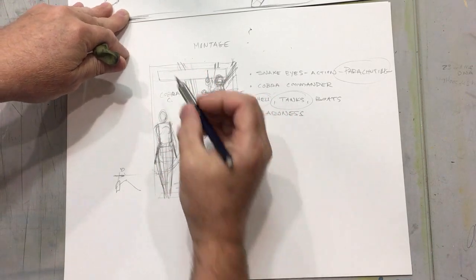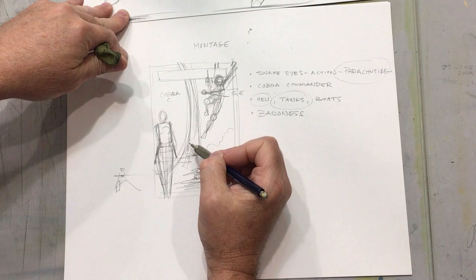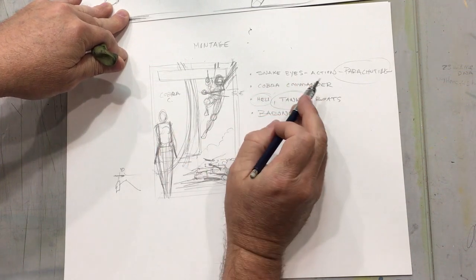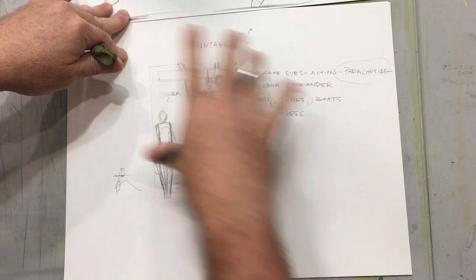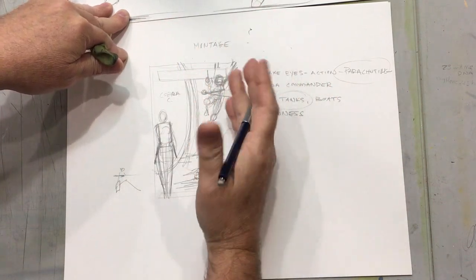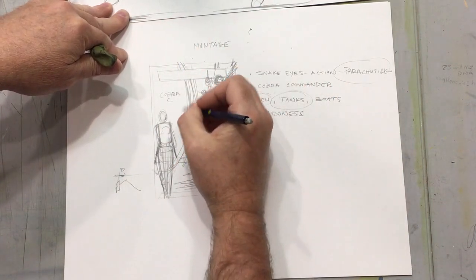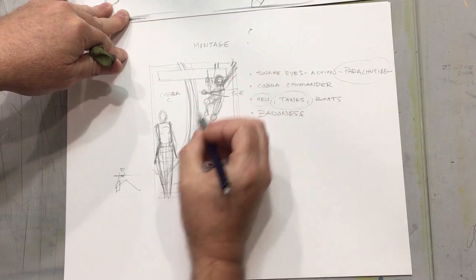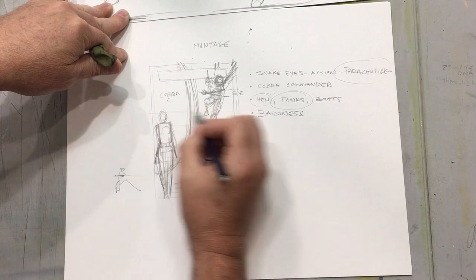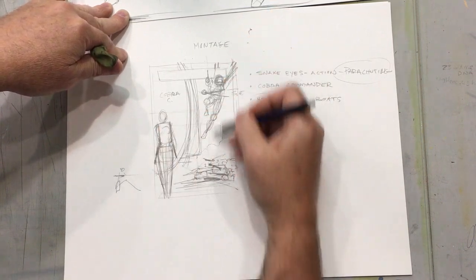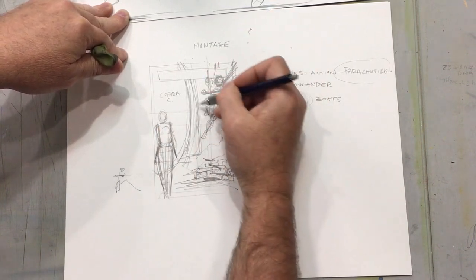So our eye is continually brought into the scene, and it's not leaving and going out. If I had had him kicking outwards, we might be losing our composition, and we want to keep the viewer's eyes here in the focal area, but we don't want it to be dead center. We want it to be more like the rule of thirds, in areas where it's not smack dab in the middle.